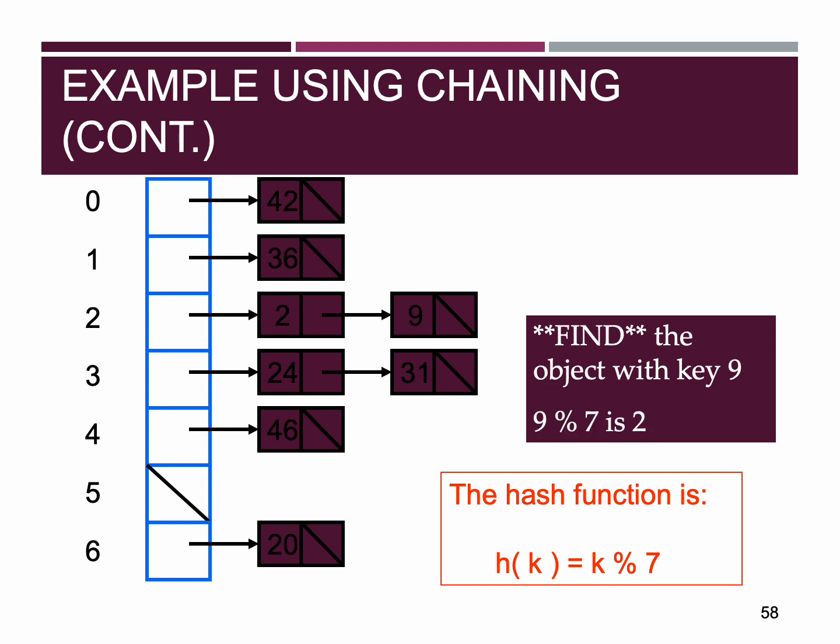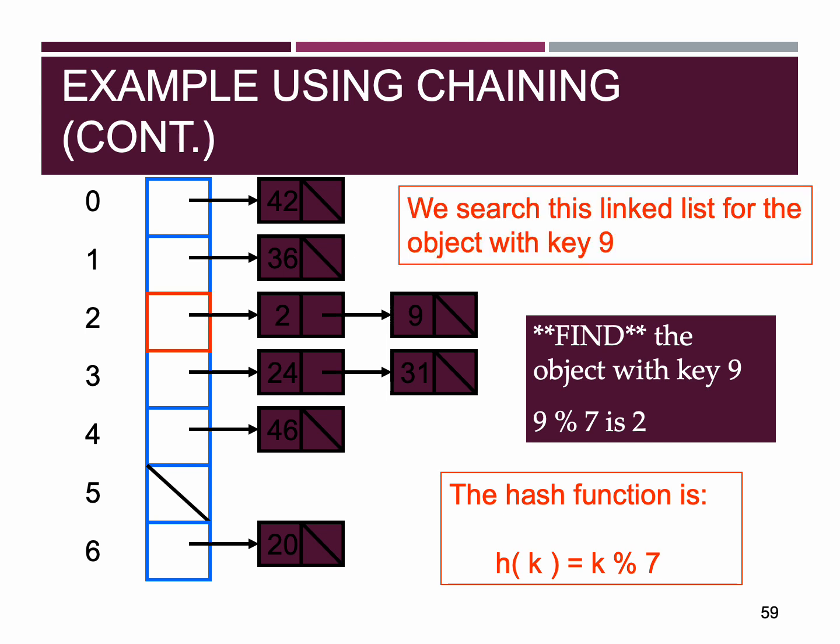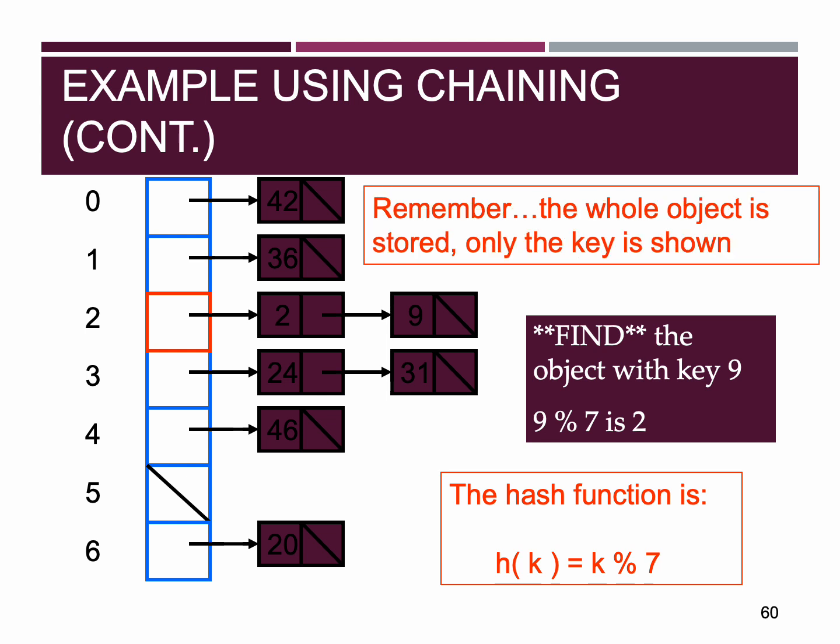Now you will see we want to find the object with key 9. Now 9 divided by 7 is 2. So we will go to index 2 now. Here this one is the index. We search this linked list for the object with 9. Remember, the whole object is stored, only the key is shown.